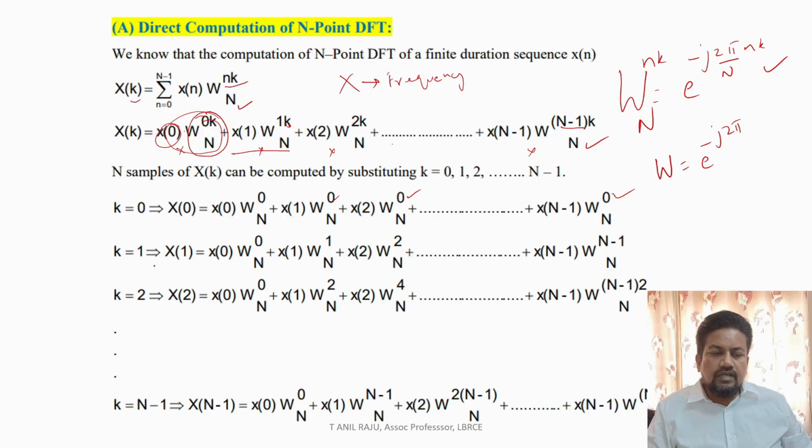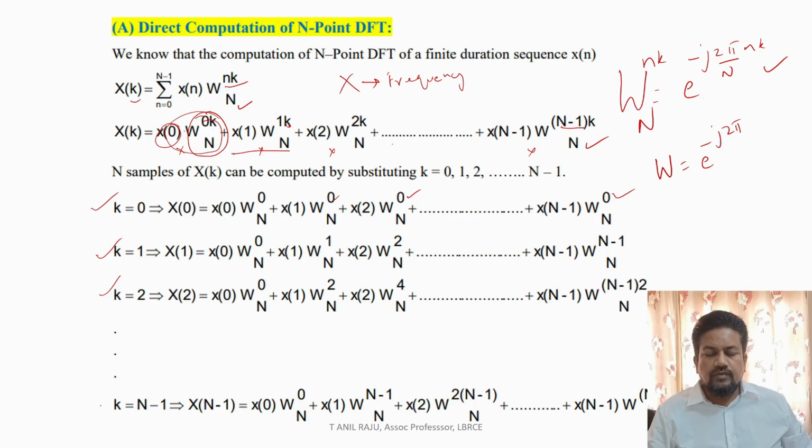This equation tells what the expansion of the DFT is for the k equal to 0 frequency component. Similarly, we will have it for X of k equal to 1, k equal to 2, and so on up to k equal to N minus 1.